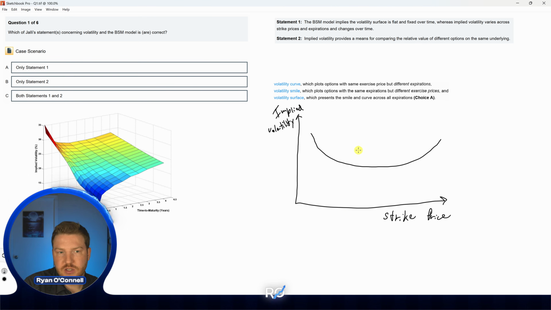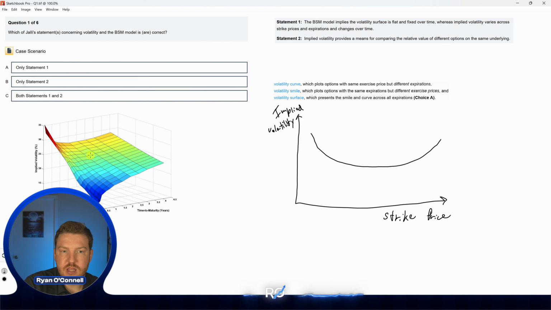And then we can take this format and add a third axis to it. Now we have the implied volatility, and the strike over here, and then we're going to add one more axis to this graph, which is the time to maturity, and then plot it this way.